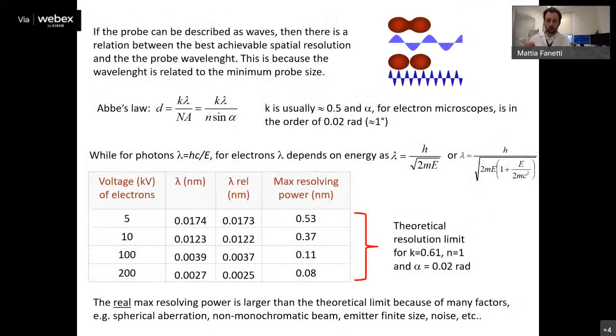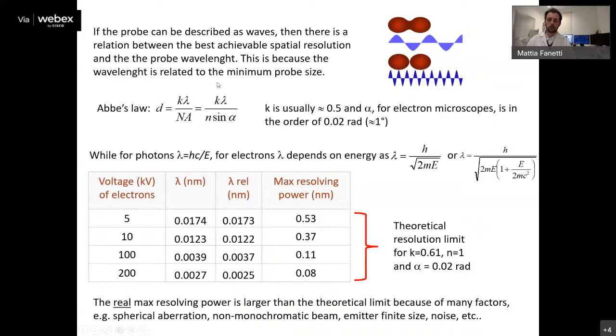And so the question was why we use electrons. It happens that there is a relation between the best achievable spatial resolution and the probe wavelength. This is true both for optical microscopy and for electron microscopy. From quantum mechanics, we know that electrons also have a wavelength, and so they can be described somehow as waves.